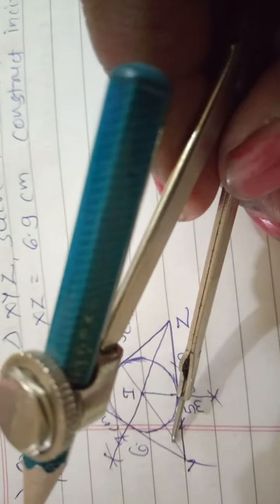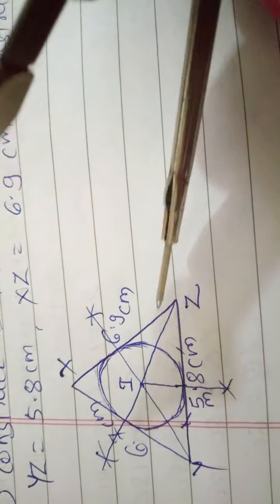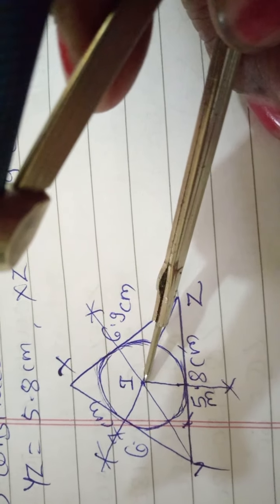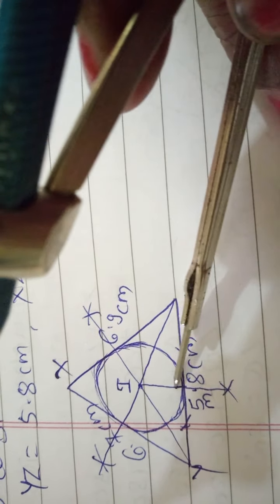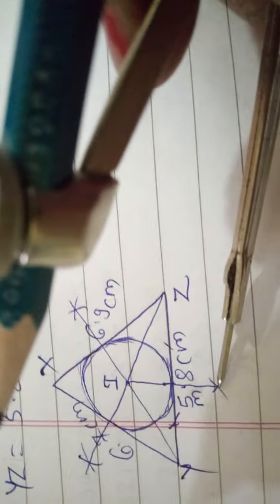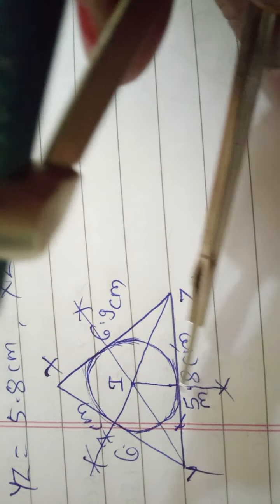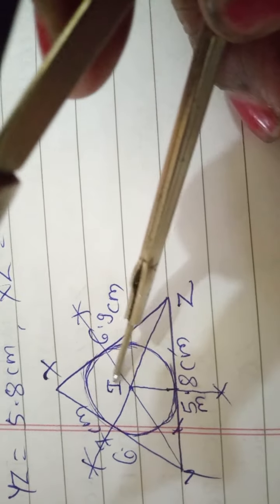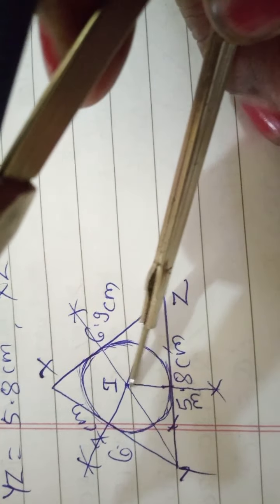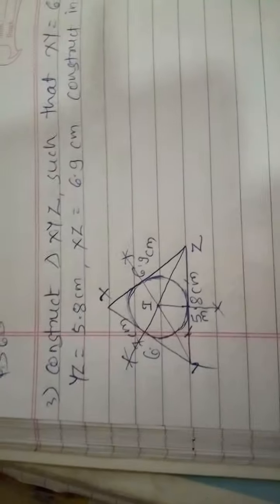After that, take the angle bisector of Y as well as the angle bisector of Z, which intersect at point I, and from this I you have to draw the perpendicular. Taking this point as M, taking the distance IM, put your rounder on I and make a circle. So you already know how to draw the incircle, so you know the procedure. Now we are going to draw this incircle.